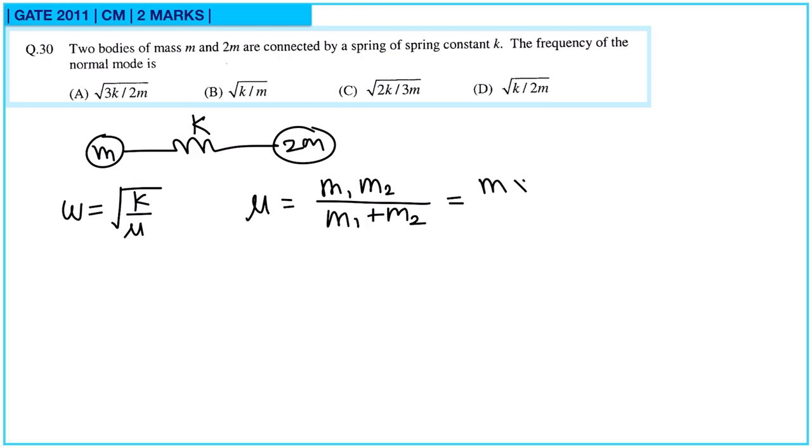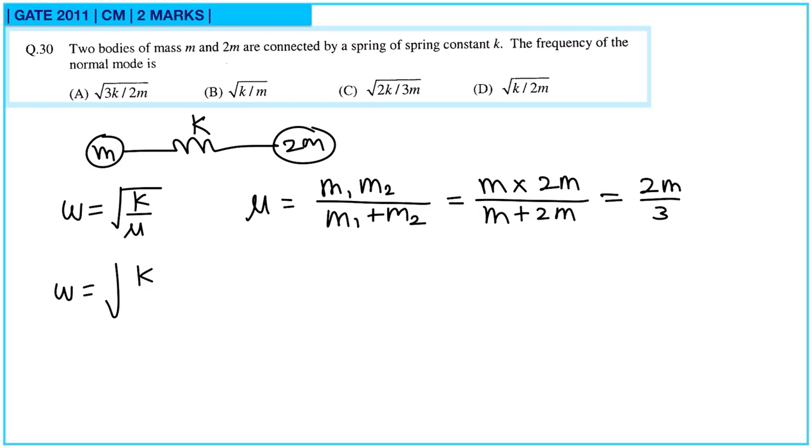So this is equal to m into twice m upon m plus twice m, which is equal to 2m by 3. So omega is equal to under root k and here we have 2m by 3, which is equal to 3k by twice m. So here option A is correct.